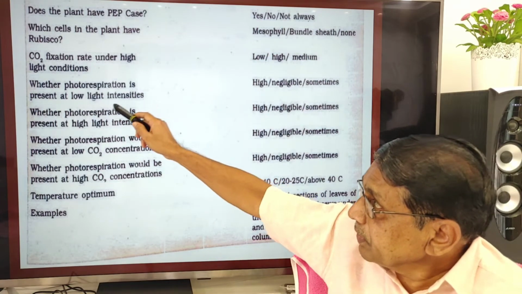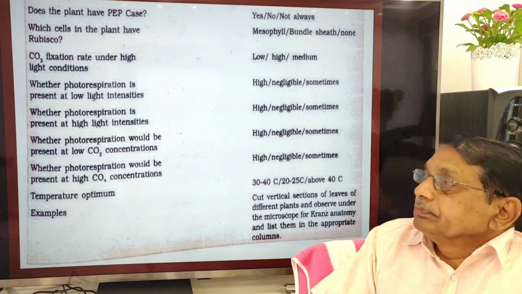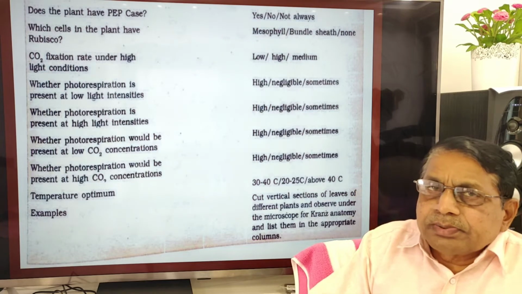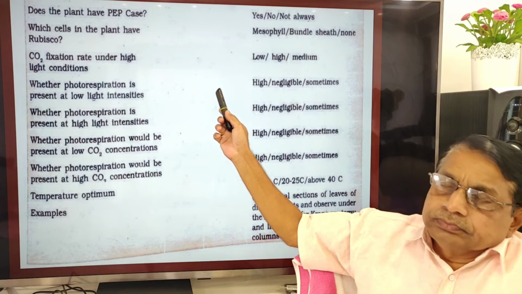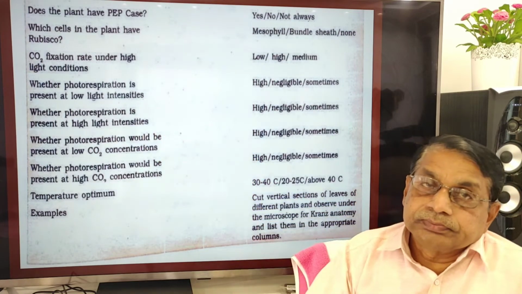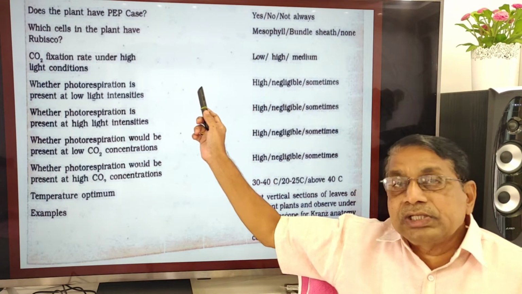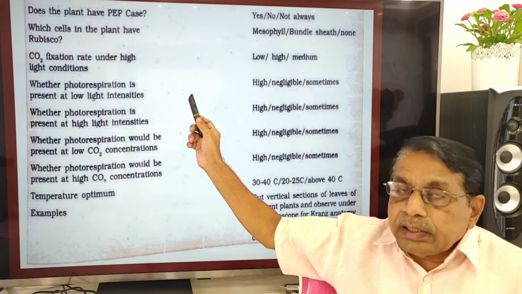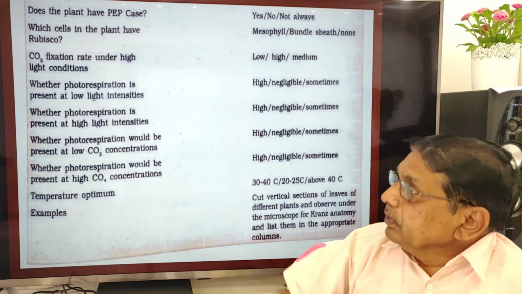Whether photorespiration is present at low light conditions. Is photorespiration absent in C3 plants? No. Normally in C3 plants it is present, but in C4 plants it is absent; under low light conditions photorespiration is nil or negligible.